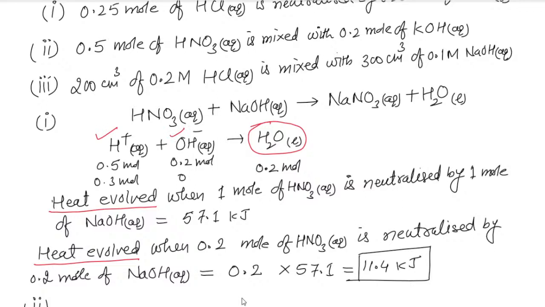When they get neutralized, how many moles of water are formed? Because if 1 mole of water is formed from 1 mole of H plus ion and 1 mole of OH negative ion, then energy released is 57.1 kilojoule. If it is less than or more than that, you should multiply it accordingly.